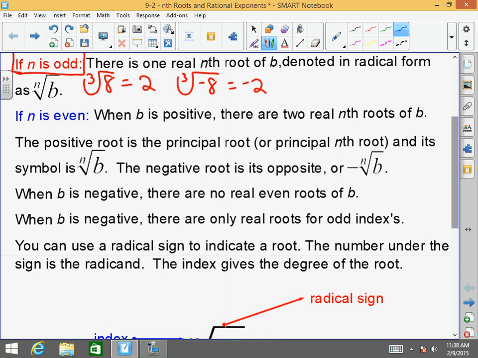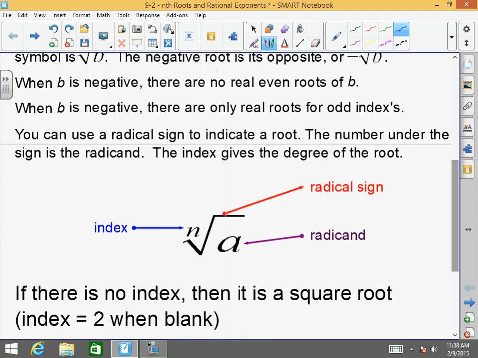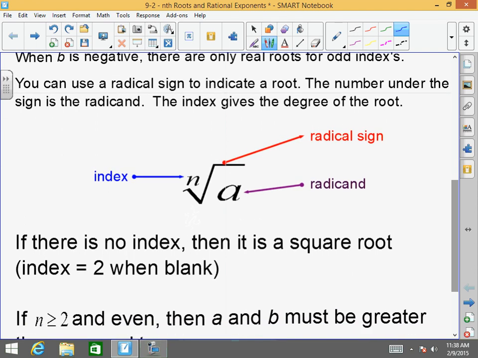You can use a radical sign to indicate a root. The number under the radical sign is called the radicand, and the index gives the degree of the root. So we saw this yesterday, but just to refresh your memory, this is the root.